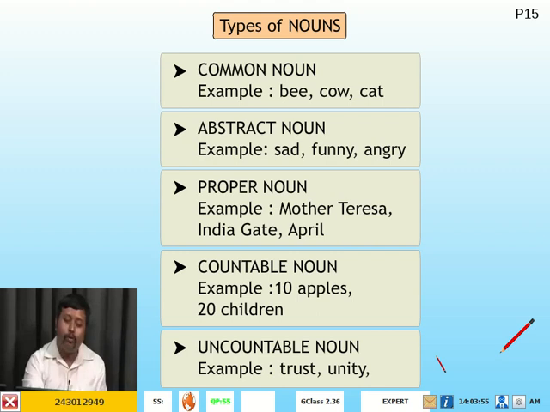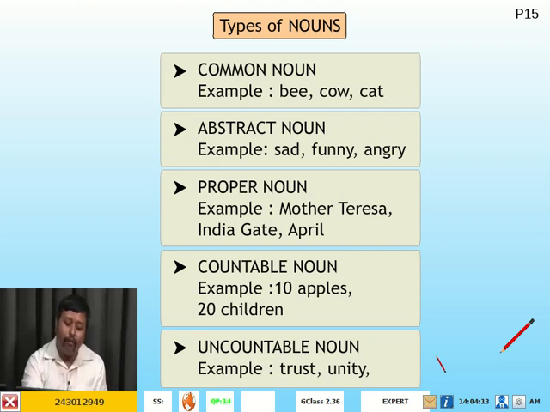First up is what? Common noun. What is a common noun? Bee, cow, cat, etc. Then we had abstract nouns. Abstract nouns are what? Shapeless, emotional things, ideas, isn't it? So sad, funny, angry are abstract nouns.